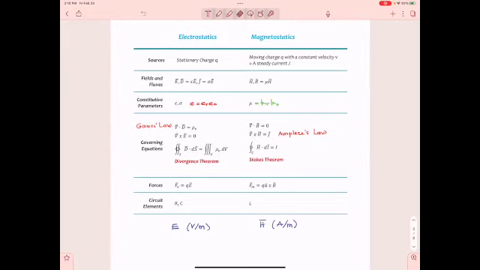Which implies that for us to be able to solve complex problems, we have to go from three-dimensional objects that are electrically important to what we call the symbolic representation.